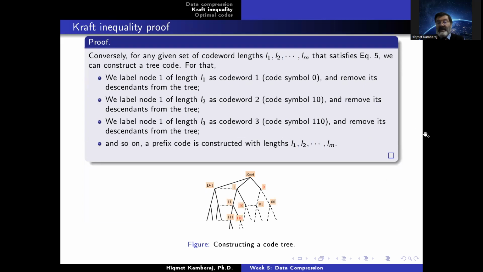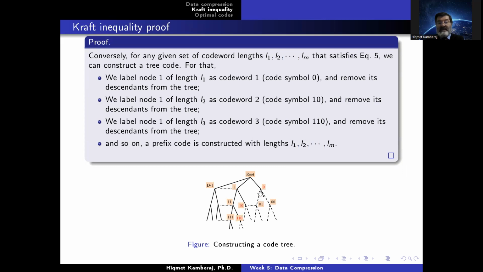For the second part of the theorem, so this means the vice versa. Conversely, for any given set of code word lengths, let's say L1, L2, up to LM, that satisfy equation 5, we can construct a tree code for that in the following way. We label node 1 of length L1 as code word 1, which is the code symbol 0, and remove all the descendants from the tree.